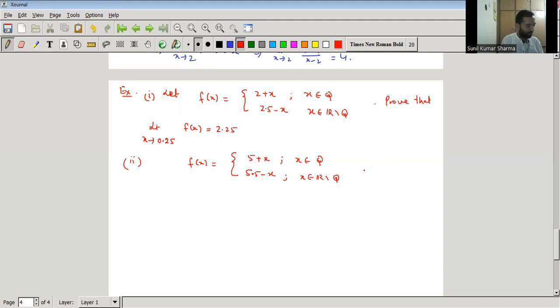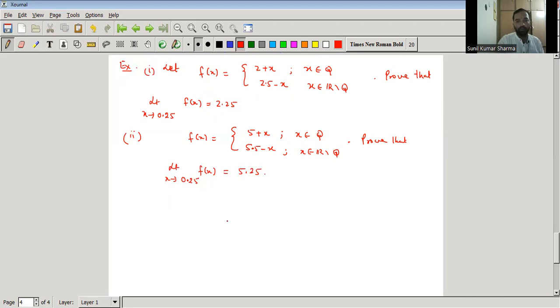So prove that limit x goes to 0.25, f of x is equal to 5.25. Let us find the solution of the first part.